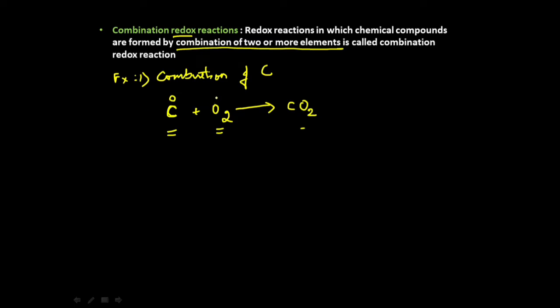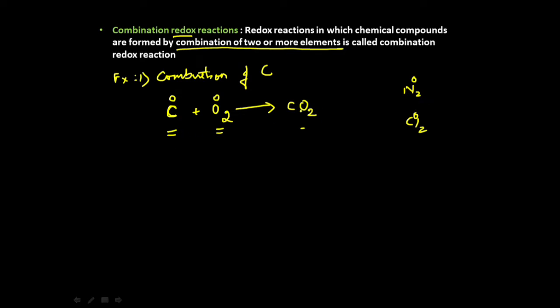Oxygen is the same: 0 oxidation state in its elementary form. Oxygen is not combined with anyone, so in its elementary form it possesses 0 oxidation state, like nitrogen and chlorine.